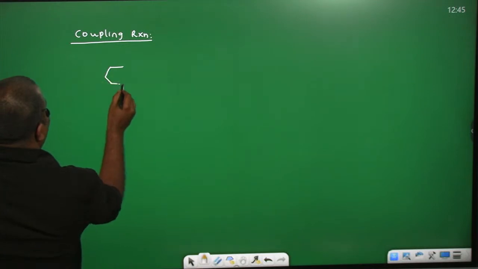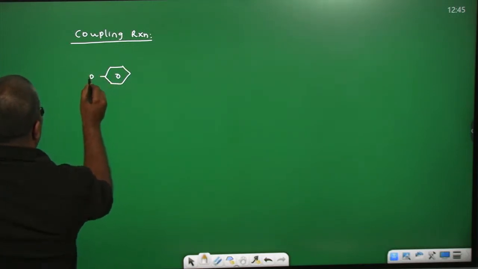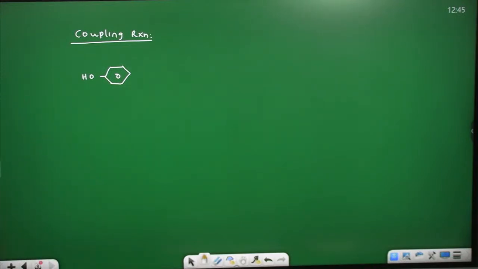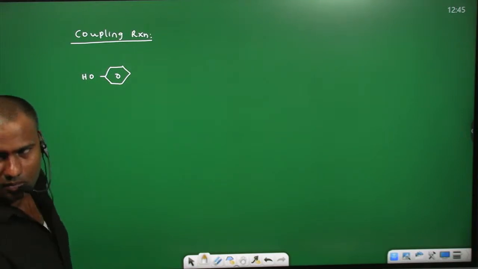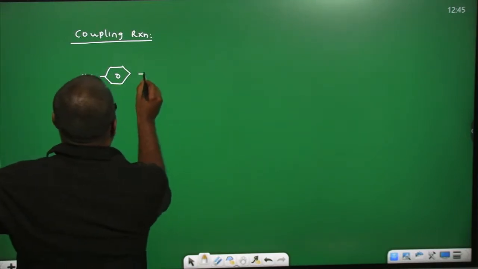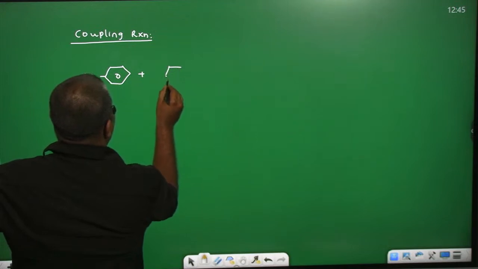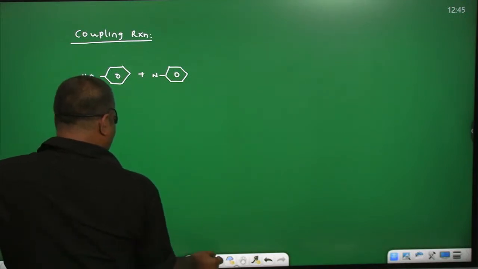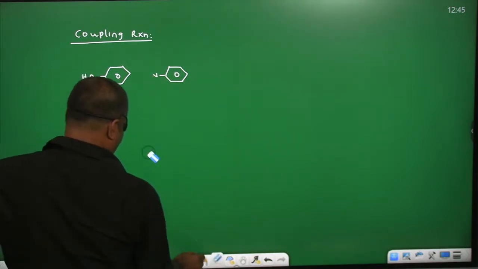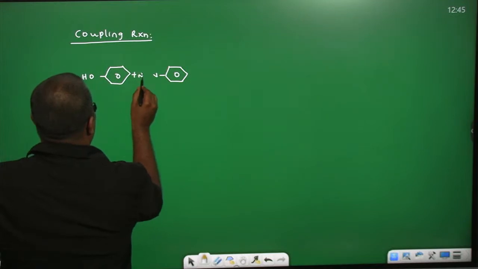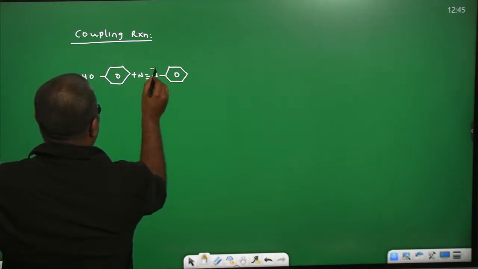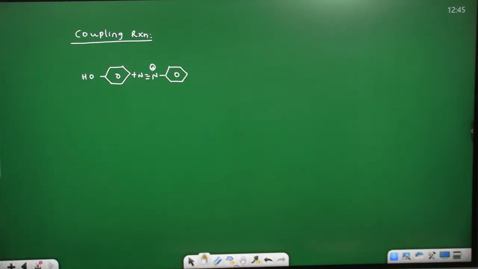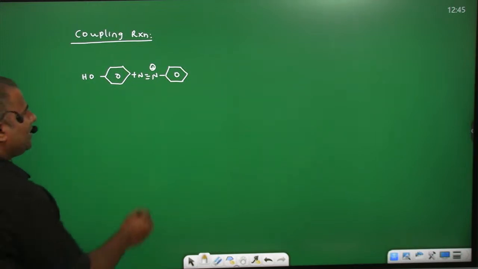If you take phenol, this phenol is going to react with benzene diazonium chloride, which is N triple bond N plus Cl minus.